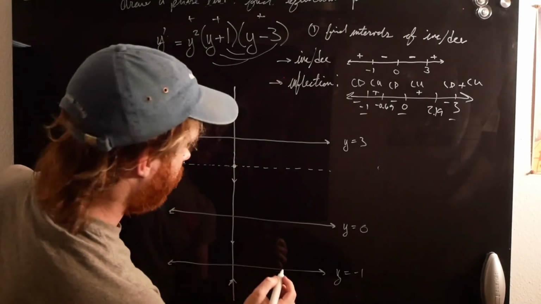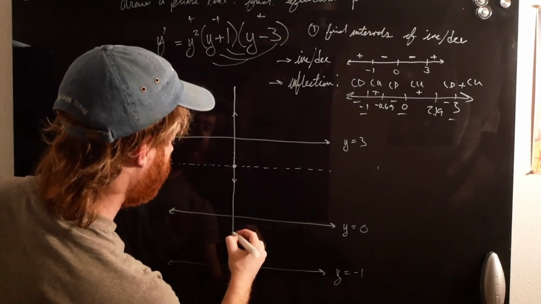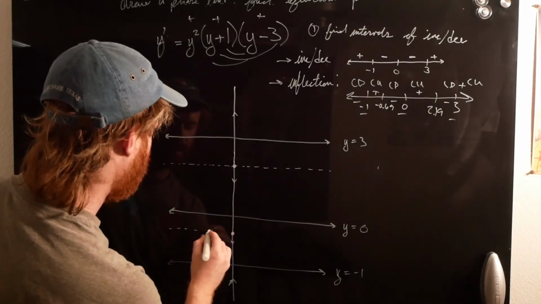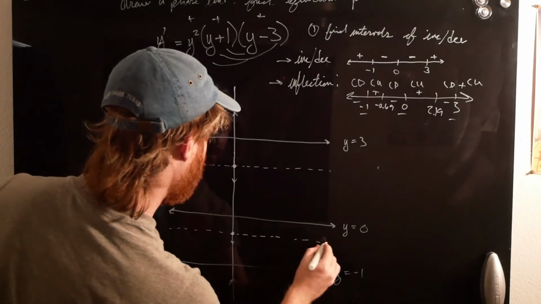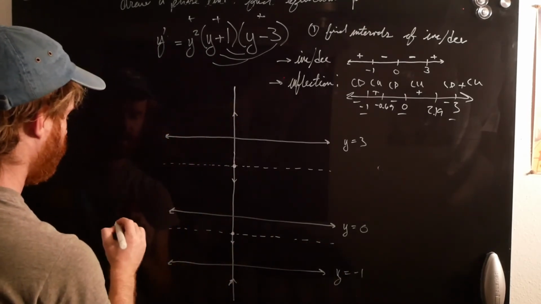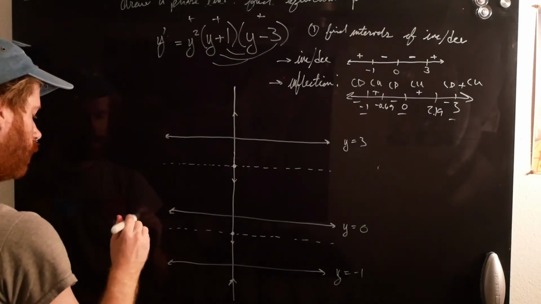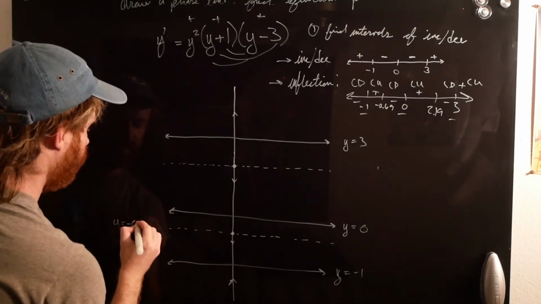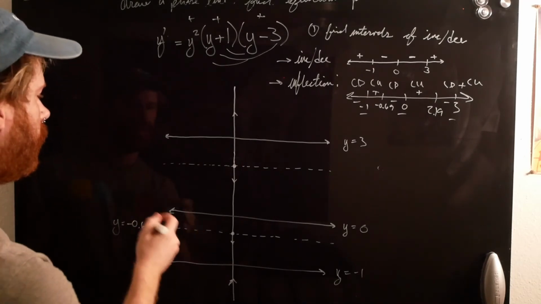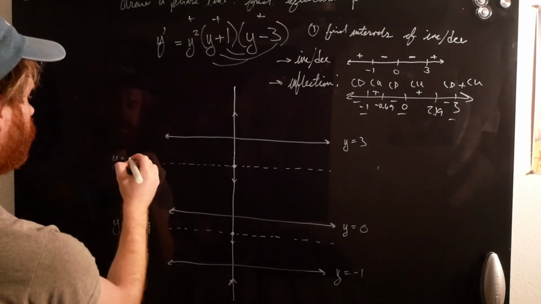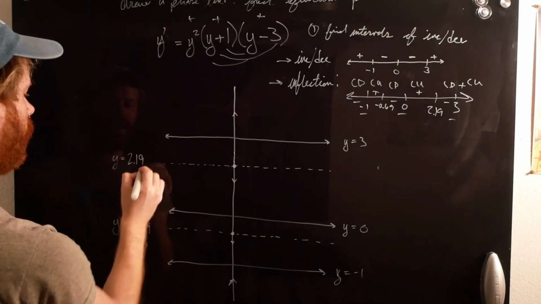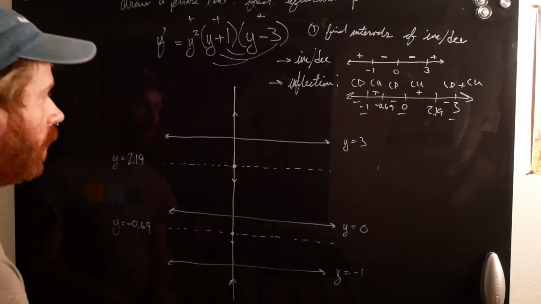And then negative 0.69, we'll call it right here. Okay, so y equals negative 0.69 right there, y equals 2.19, and those are our inflection points.